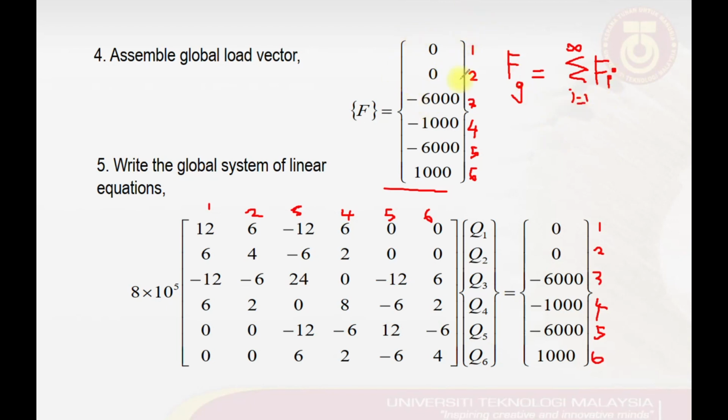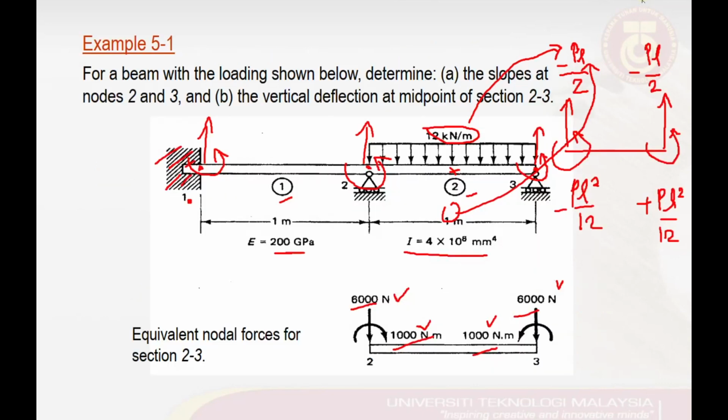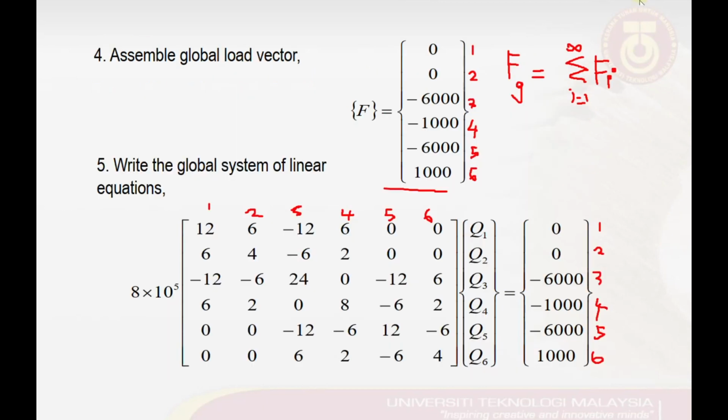So the first two forces are equal to 0 here, because there is no applied force acting at node number 1, but we have the equivalent force and moment at node number 2 and node number 3, which is contributed from these distributed loads.